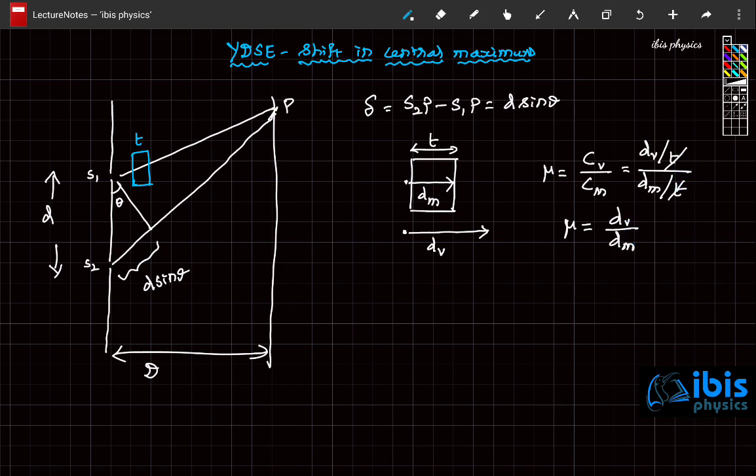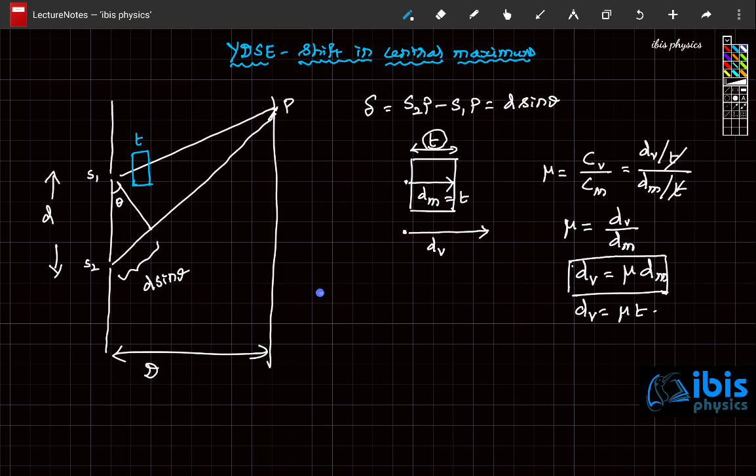Here t is time, and we have also taken t as thickness, but since time gets cancelled, you don't need to worry. So distance in vacuum equals mu times distance in medium. This is called the equivalent distance in vacuum. So if light travels a distance of t in medium, so dm is equal to t, the equivalent distance in vacuum is mu times t.